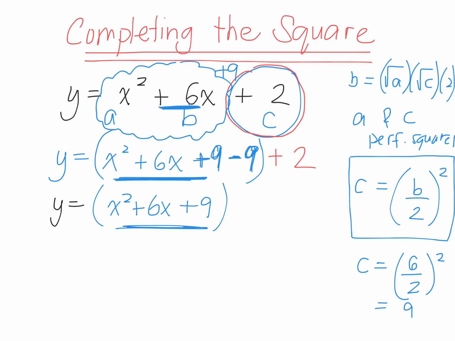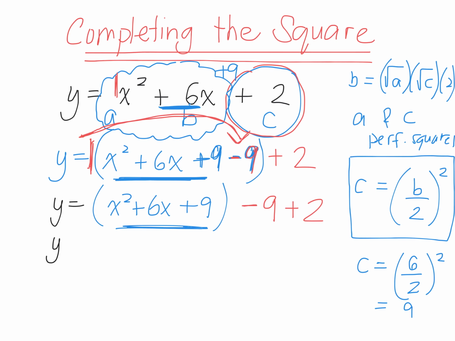What's my A value? 1, right? A is 1. So I need to distribute and get rid of the negative 9. If I multiply something inside a bracket by the number in front of the bracket, I'm taking it outside of the bracket. Okay, so what's 1 times negative 9? Negative 9. So now I've distributed that and I've taken it out of the bracket.